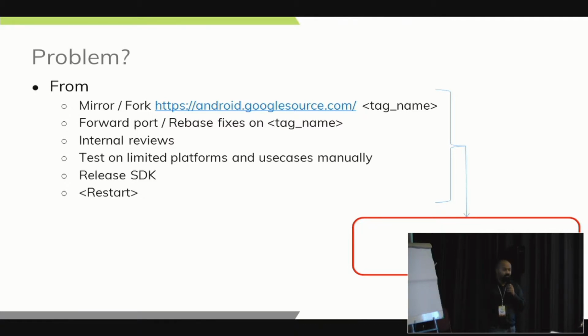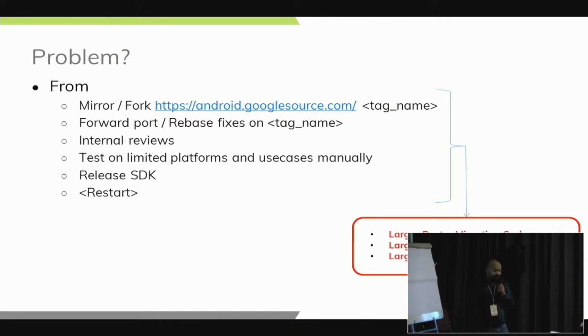Reviews are done mostly internally, where a wider audience is not available, so the quality of the fixes and features is not of the highest standard possible. Testing is done with limited use cases on limited platforms. Then we release an SDK based on a given pastry, and restart the cycle on the next pastry.